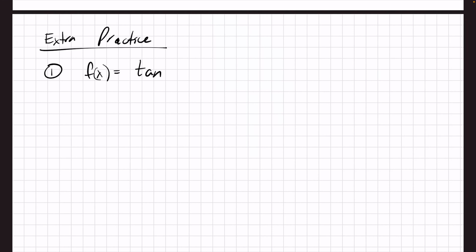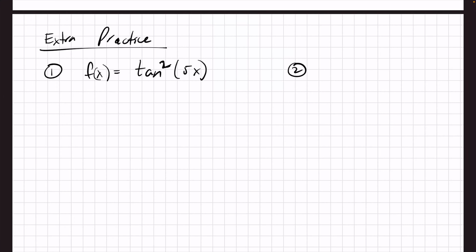Extra practice. Exactly. Extra practice number 1. If we have time to do 2, we'll do 2. But for right now, I want to do this one. So here we go. F of x equals tangent squared of 5x.